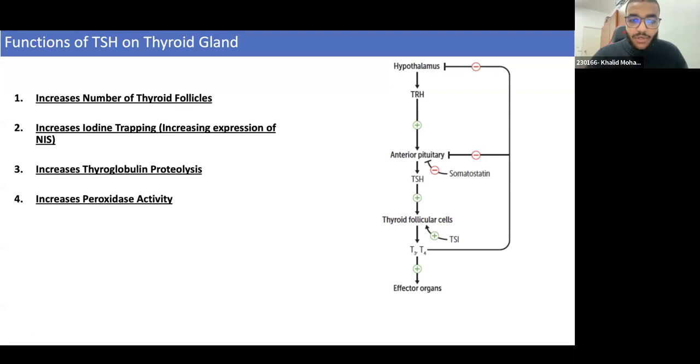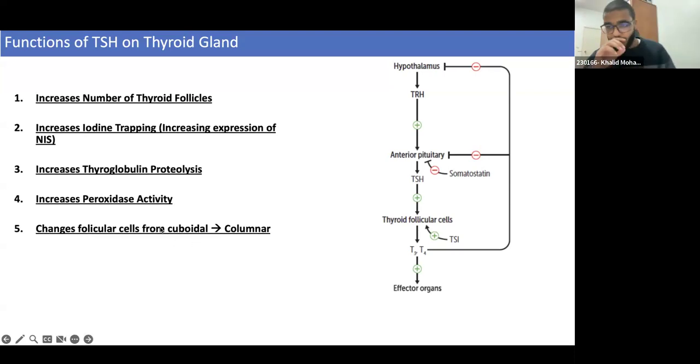It increases peroxidase activity, which we said was the most important enzyme, and it changes follicular cells from cuboidal to columnar, because the columnar is larger in size and it can absorb more. So in patients with excess TSH or TSI in case of Graves' disease, you'll see that the thyroid cells became columnar instead of cuboidal.